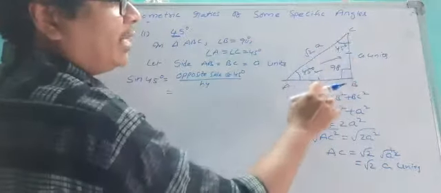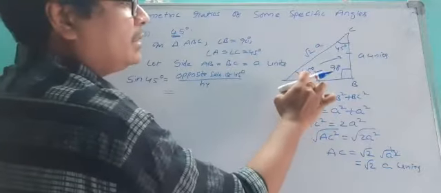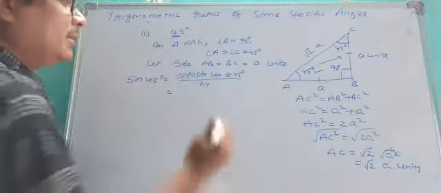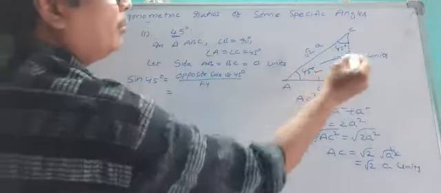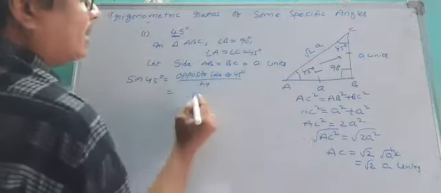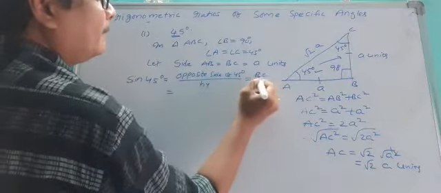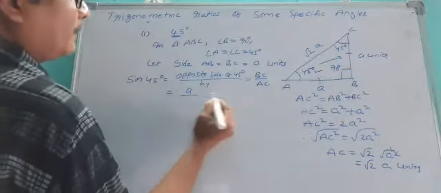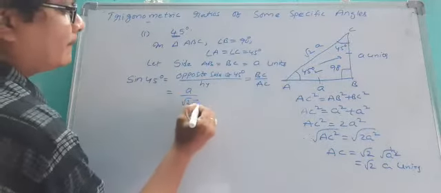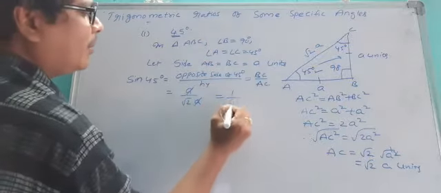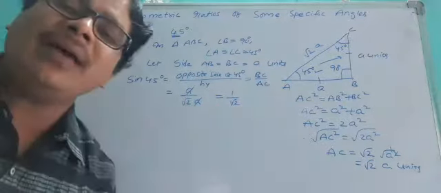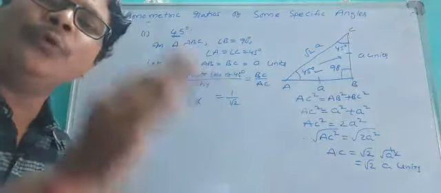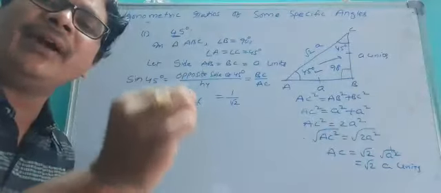The opposite side of 45 is A units, the same for both. So the opposite side, BC, by hypotenuse is A by AC, equal to root 2A, A cancels, that equals 1 by root 2. So the value of sin 45 equals 1 by root 2. This is the proof of finding sin 45 degrees.